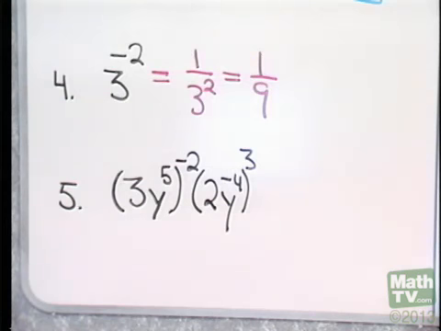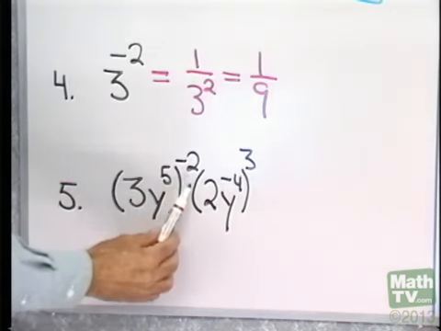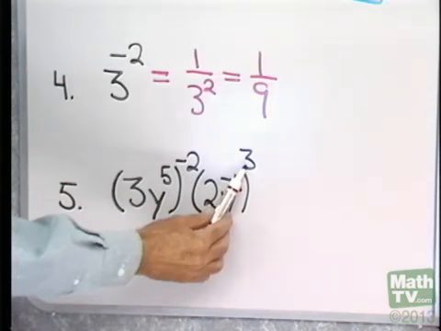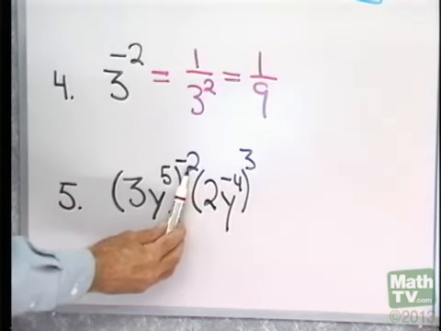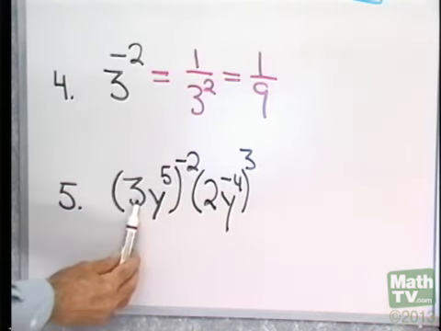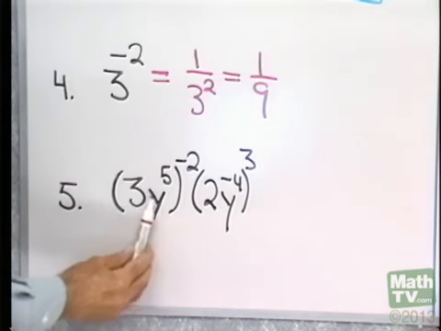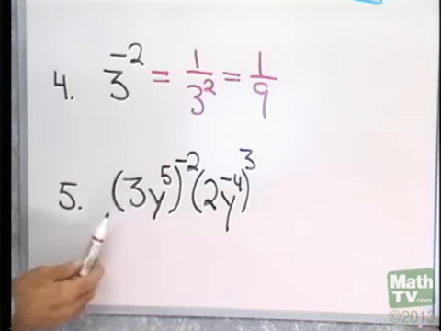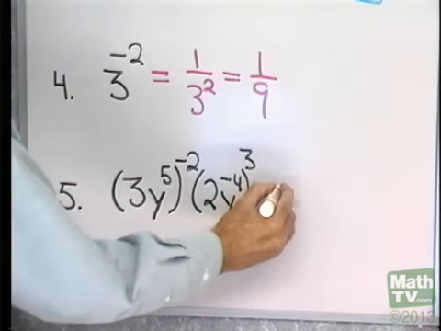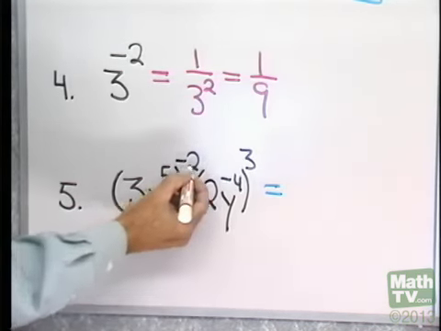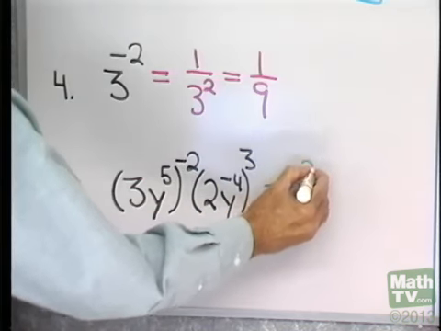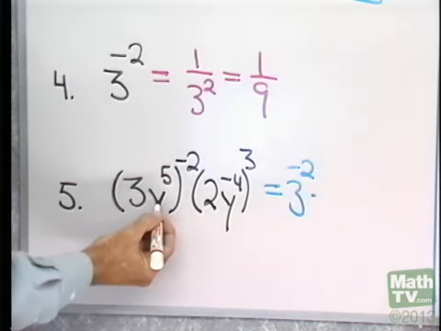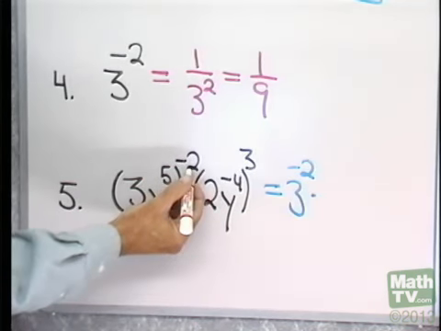Here's our next problem. 3y to the fifth, all that to the negative 2, and then I have 2y to the negative fourth, all to the third. So I'm going to start with my property of exponents that says that when this is multiplication and everything's raised to a power, I can distribute that power over both things in the product. So I'm going to start by writing this as 3 to the negative 2 times y to the fifth, all raised to the negative 2.